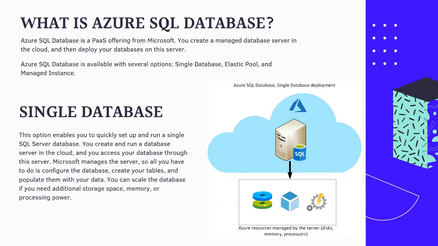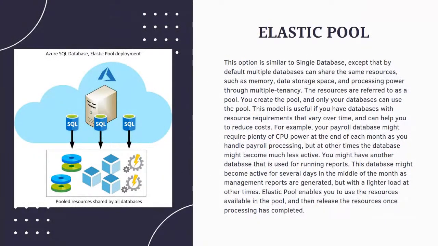Now coming towards the second option that we have, elastic pool. Elastic pool is the second option for Azure SQL database. It's quite similar to the single database that we discussed earlier. What is different is that here you will have multiple databases, whereas earlier in single database we had only one.